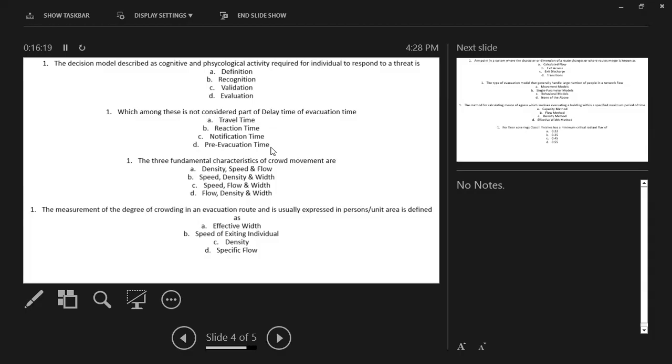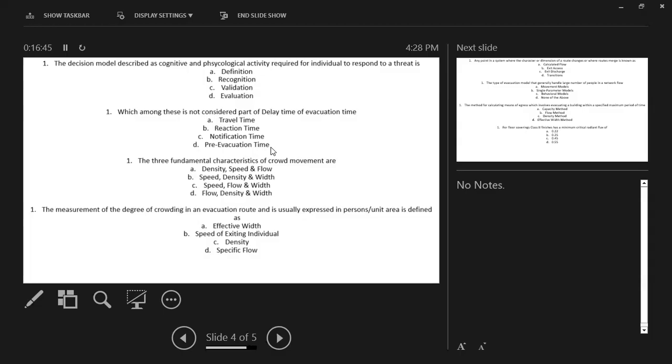Too much crowded area, your movement speed is slow, so people per second is also slow. Vacant area, less density, your speed is more, so your people per second will automatically increase. So the three fundamental characteristics of crowd movement are speed, density, and flow, right? Okay. Next question.